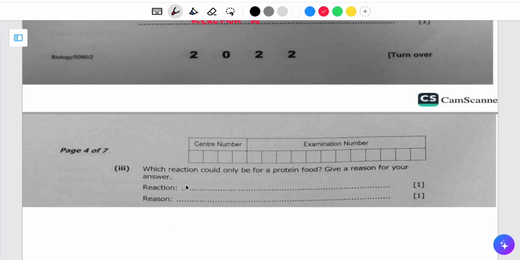So you are going to say it's reaction N, the one which is under acidic. And then the reason for our answer is that enzymes that catalyze proteins work well under acidic conditions. Protein enzymes work well under acidic.